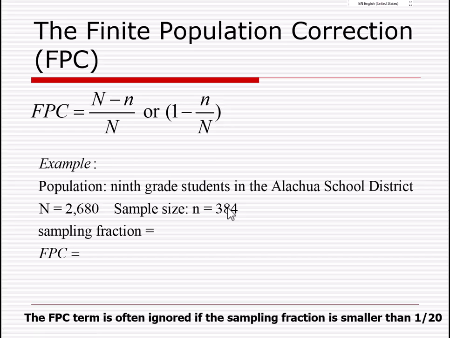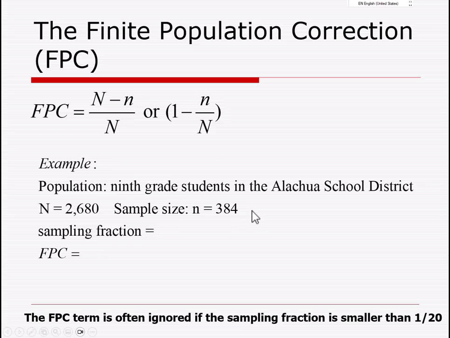Now, what if you have a smaller population? Let's say your population were elementary school teachers in Alachua County. It's not a very big population. It's probably not even 1,000, or ninth grade students in Alachua County, and this population is 2,680.